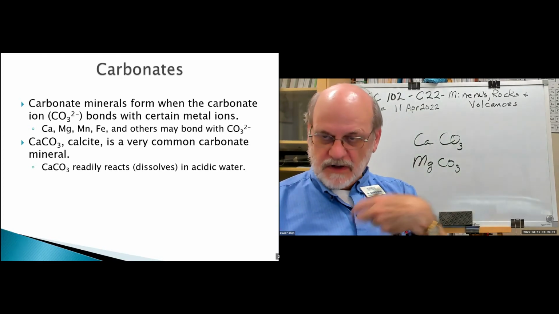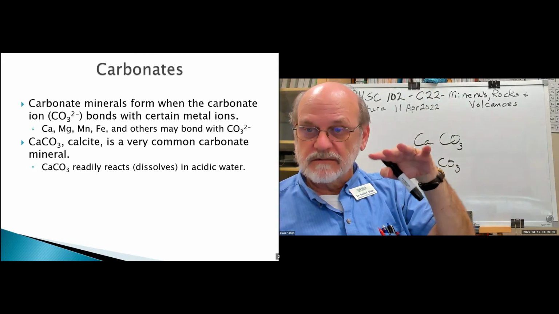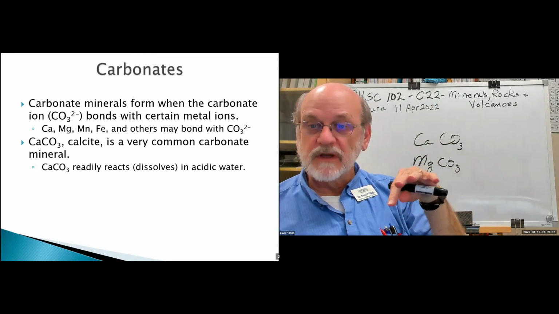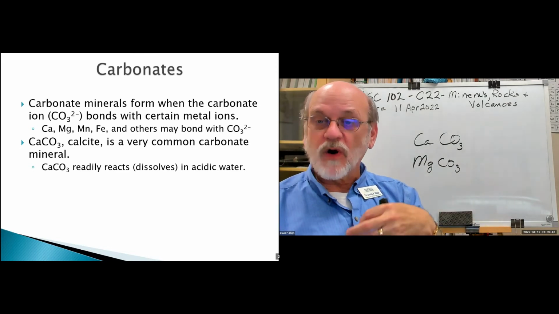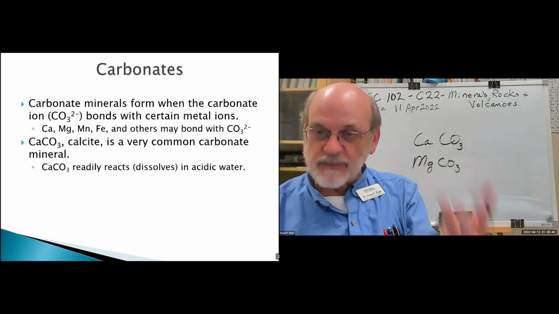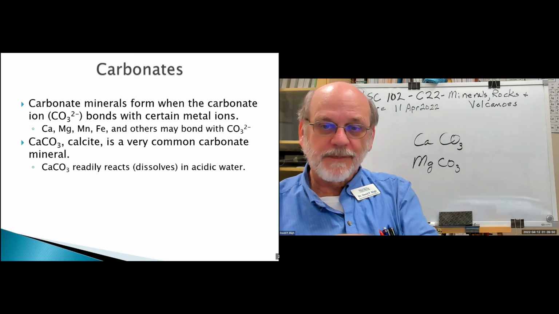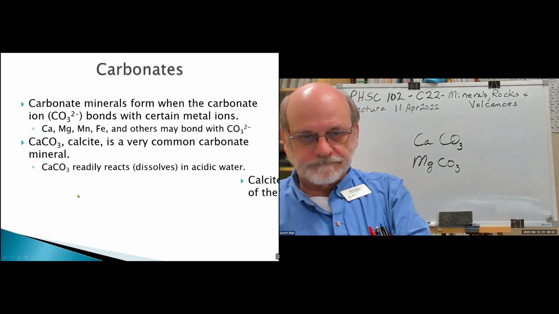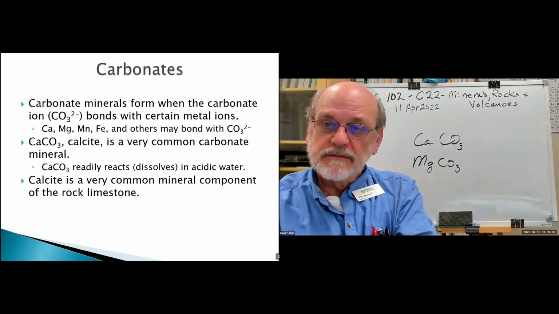Right? Water becomes acid when it falls as rain through the atmosphere and picks up carbon dioxide and turns into carbonic acid. Or as it flows through various structures in the soil level, picks up acids, and they readily dissolve calcium carbonate. In fact, that's one of the tests for carbonate minerals.